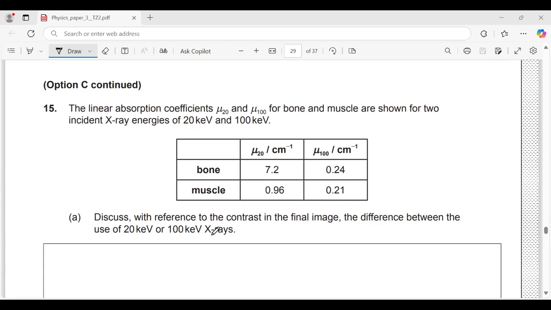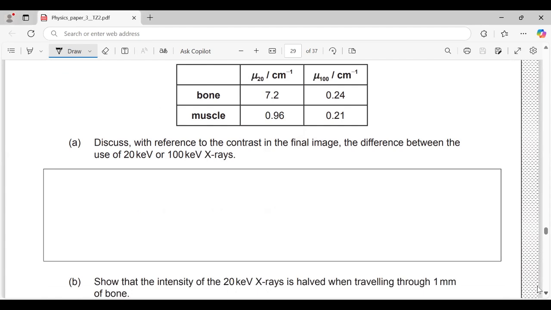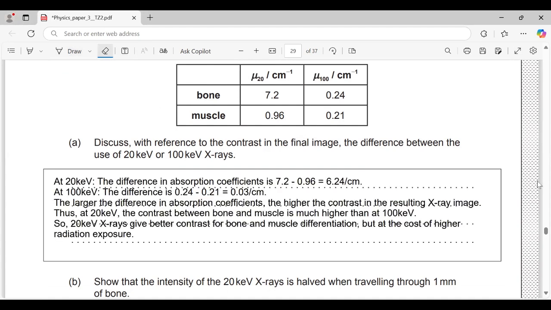Discuss, with reference to the contrast in the final image, the difference between the use of 20 kilo electron volt or 100 kilo electron volt X-rays. I have provided my explanations. I will not explain this because I think the explanation is clearly right.